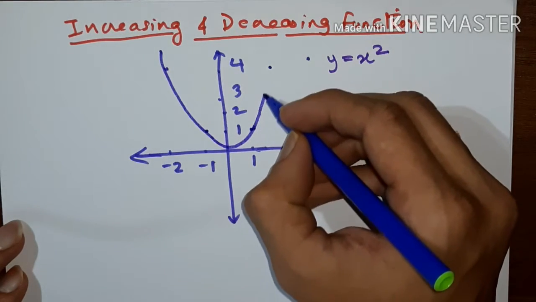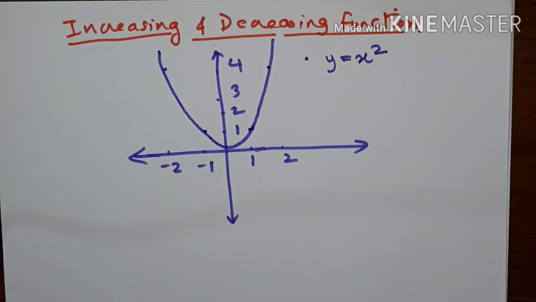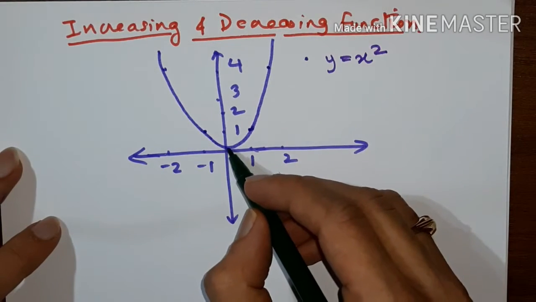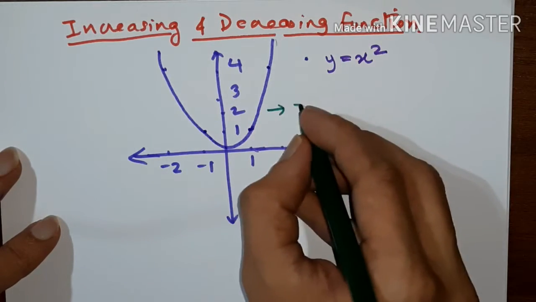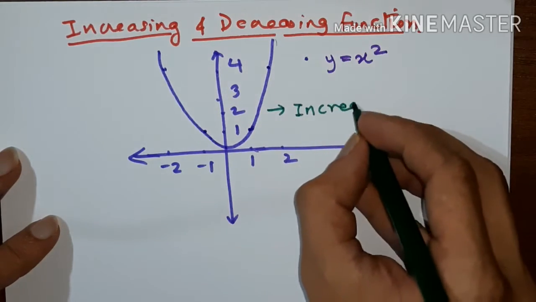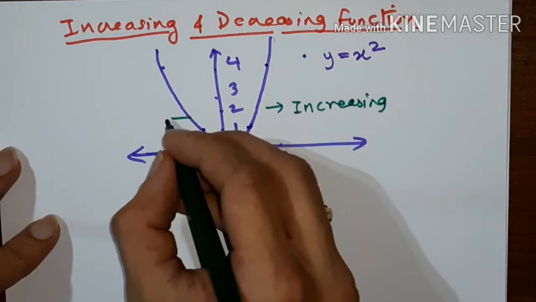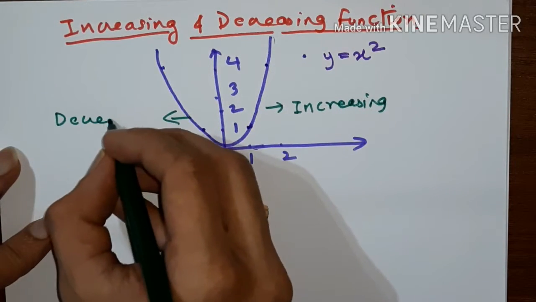Now you can see that the graph is increasing for some part and decreasing for some part. So here the graph is increasing, and here it is decreasing.